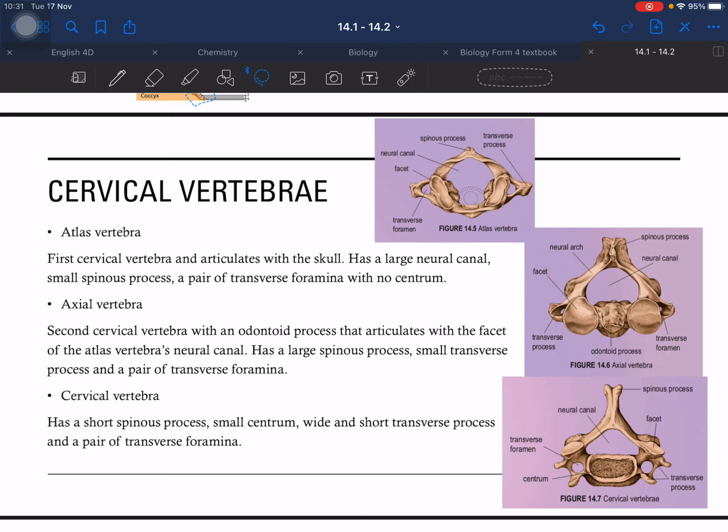You have your atlas vertebra, which is the first cervical vertebra. It articulates with the skull, which means it is connected to the skull.